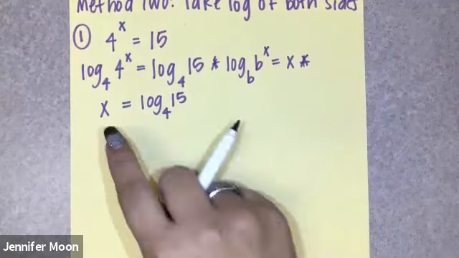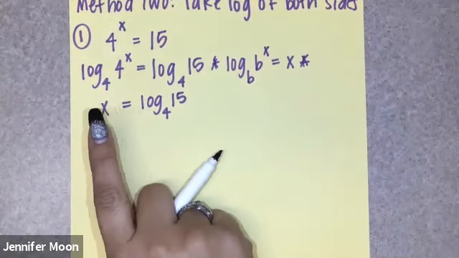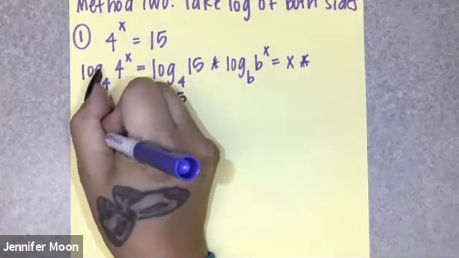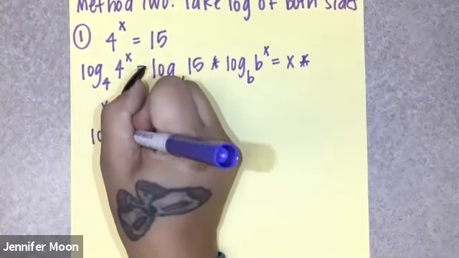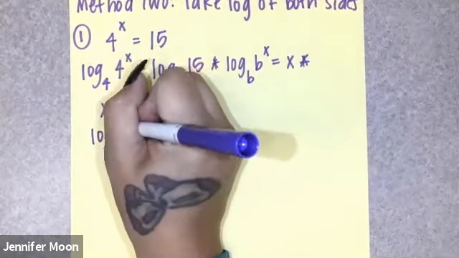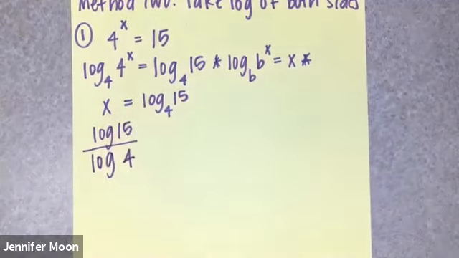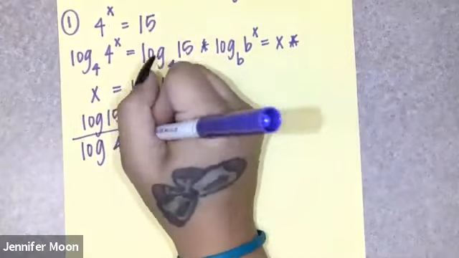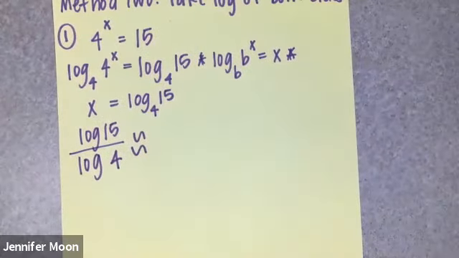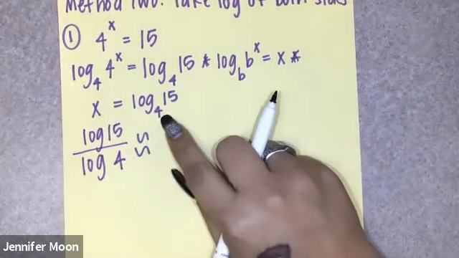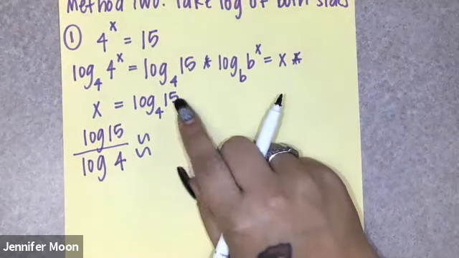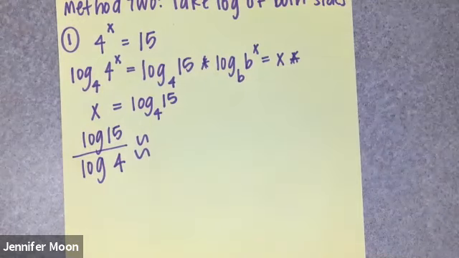But because I know I actually want a value for my x, this is when you take the log of the big over the log of the little, and you just enter this into your calculator, and you're going to get an approximate answer. And that's actually going to be the decimal approximation that if 4 is raised to it, you'll end up getting your 15.